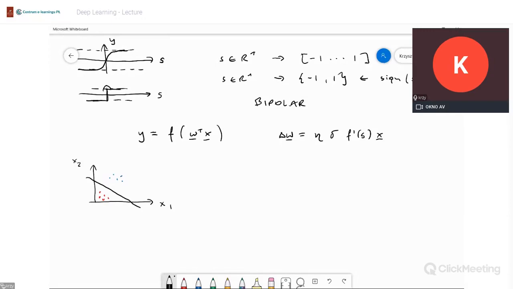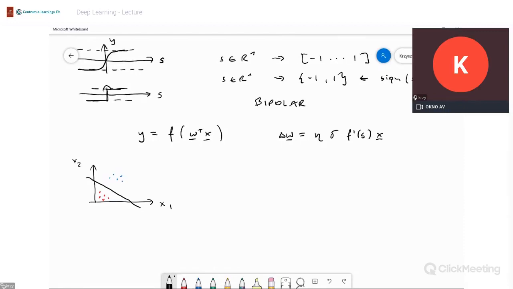And the training procedure will be iterative. So I will be updating weights maybe after presentation of a single sample, or maybe I will use this mini batch approach. In machine learning, we have a few possibilities on how to train our algorithms.